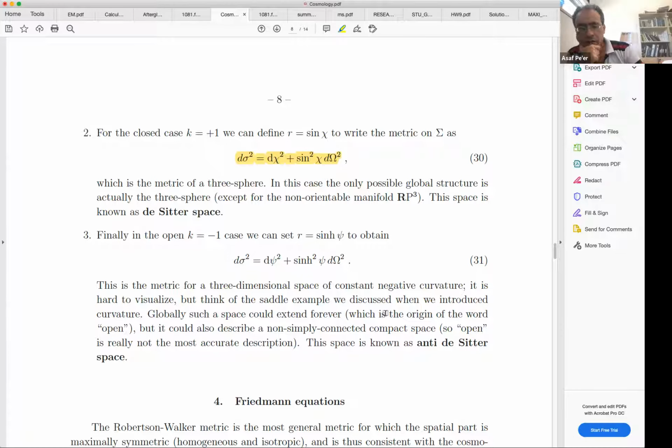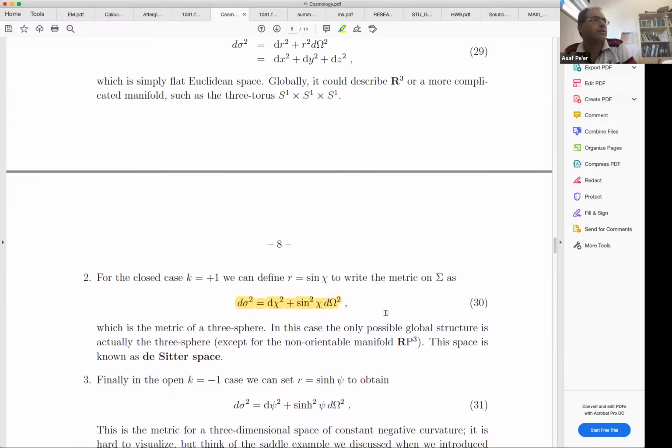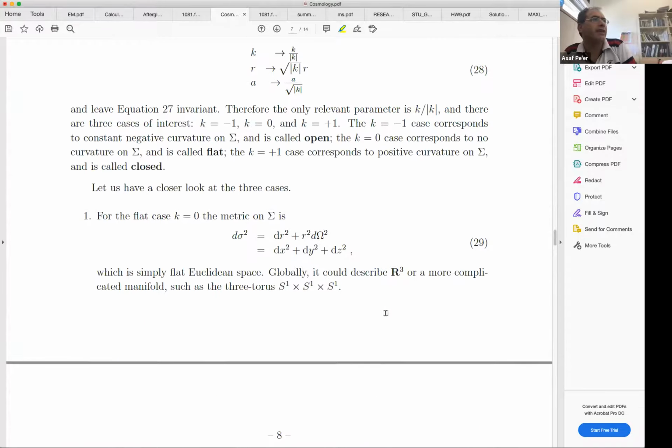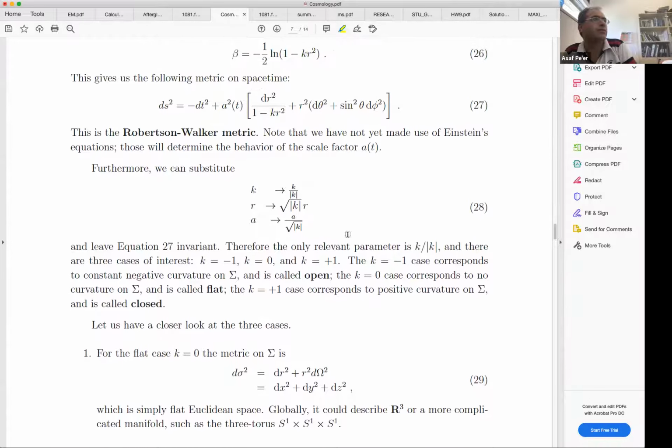So far we have the Robertson-Walker metric, and we saw that we can have three different types of metrics based on the values of k: 0, -1, or +1. That's kind of easy. We still did not say what we can say about this scale factor a of t.